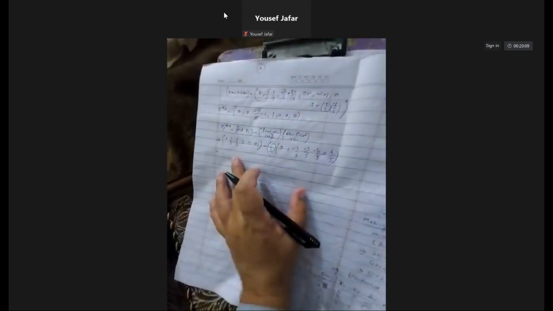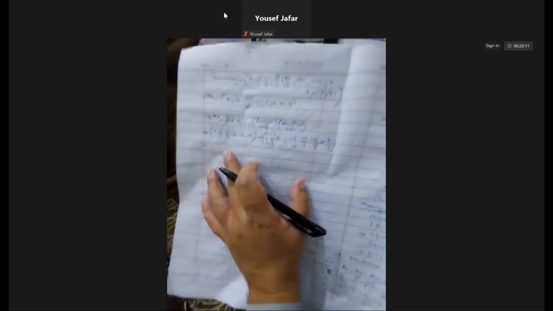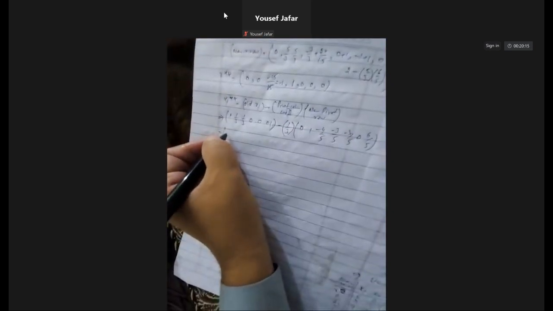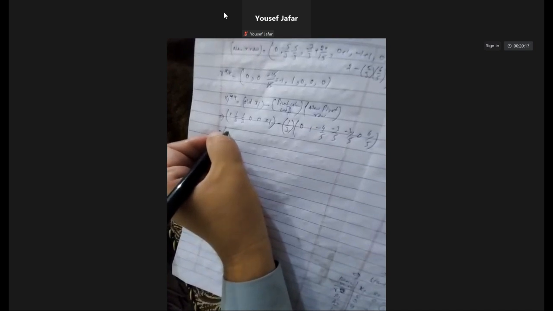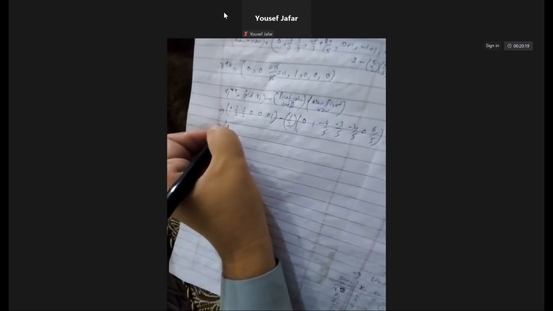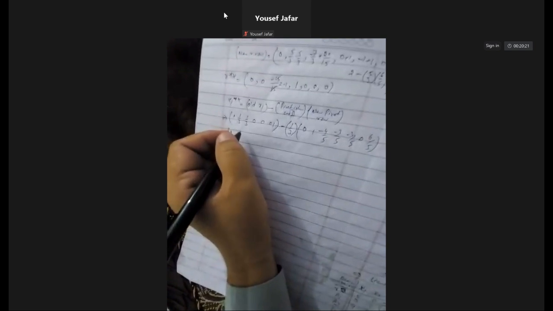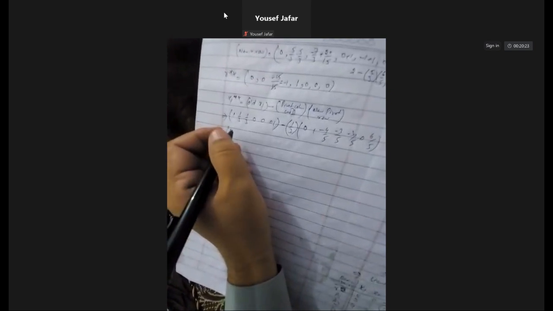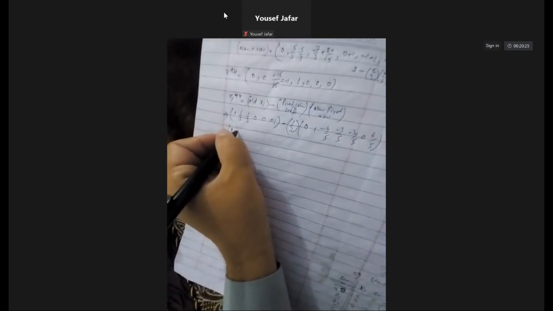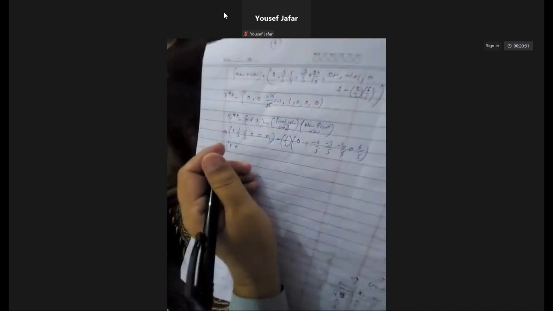So now doing this row operation, we get 1 minus 1 by 3 into 0 is 1 minus 0, which gives us 1. 1 divided by 3 minus 1 by 3 gives us 0. Then 1 over 3 minus 1 over 3 into minus 4 by 5.